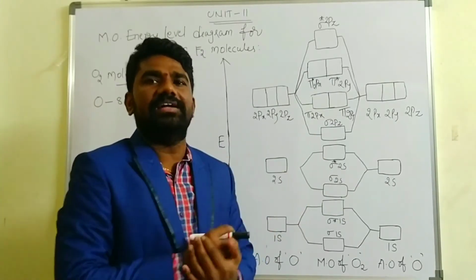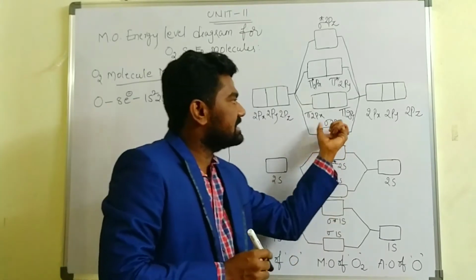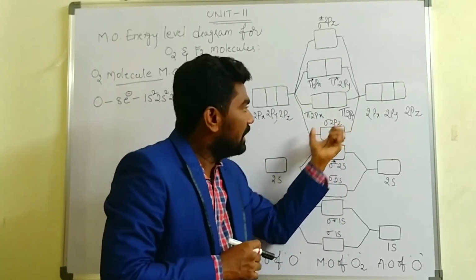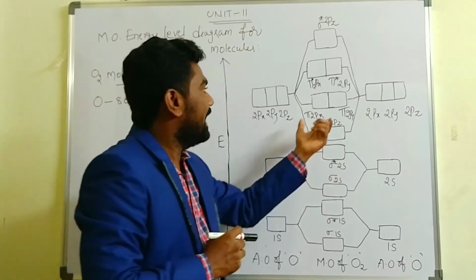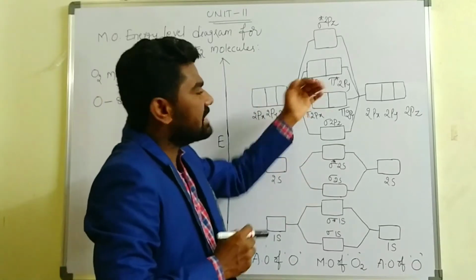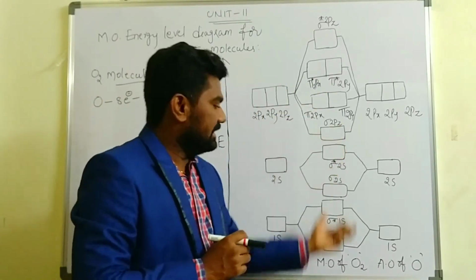But in the oxygen molecule, sigma 2pz has the lowest energy, and pi 2px, pi 2py is the next energy level in the O2 molecule.